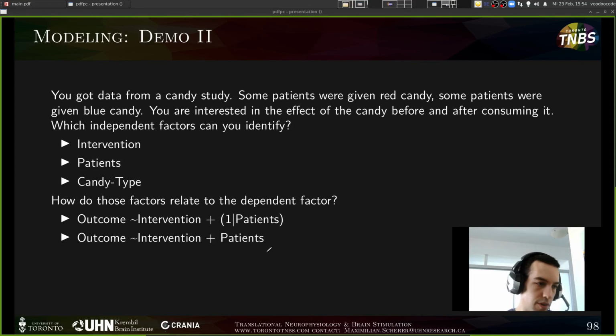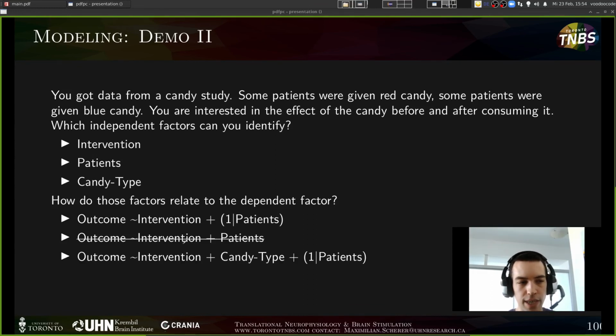Then theoretically, we could be interested in whether there's a difference across patients, but data for that is a little scarce here. And then, of course, we can look at what's the effect of the candy type. Like, is there a difference between the red candy and the blue candy in general?